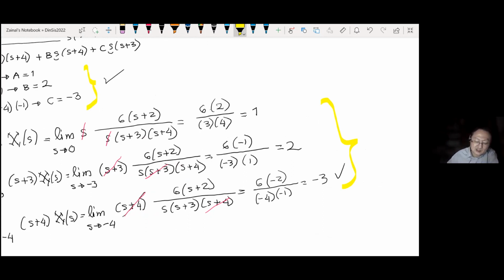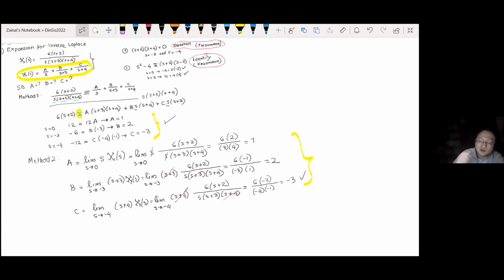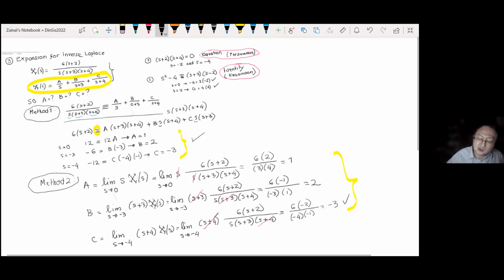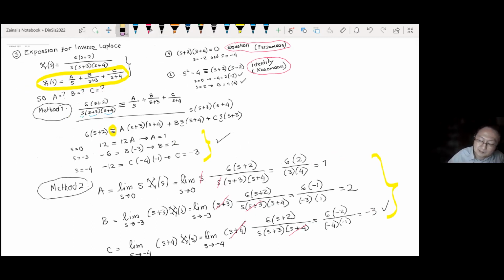How you expand is very, very important, because otherwise you cannot apply inverse Laplace, because this term is not available in the Laplace table.